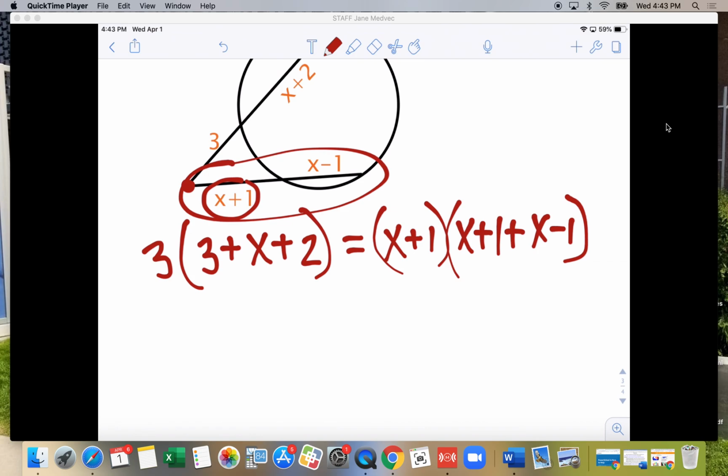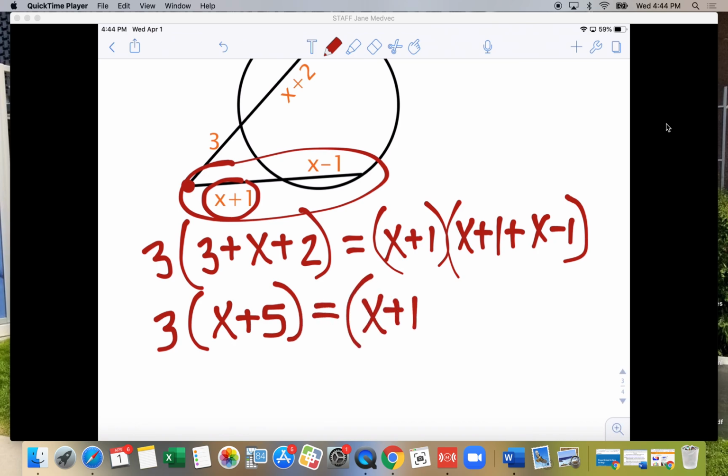So now I'm going to bring this together a little bit and make it nicer. I'm going to go 3 times x plus 5 equals, again, parentheses, x plus 1 times 2x, because the x plus the x is 2x, and the 1 minus the 1 gets rid of it, and that's a 0.